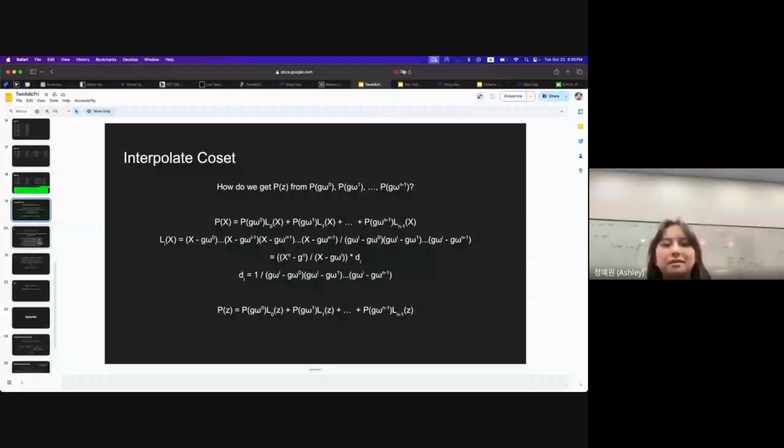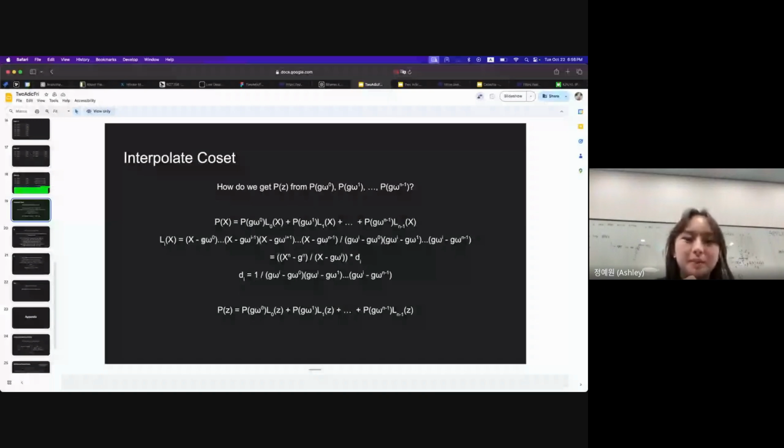Ryan has graciously created these slides for me. From these evaluations on cosets, how do we get the original P? We create the polynomial P of X by using these values and getting the Lagrange terms. The Lagrange polynomials, and it's pretty much interpolation. We get the value in the Lagrange terms and create a full polynomial.